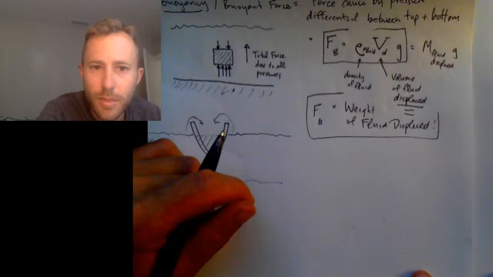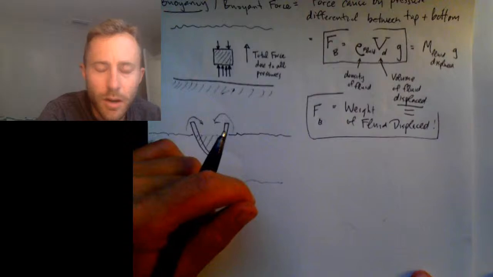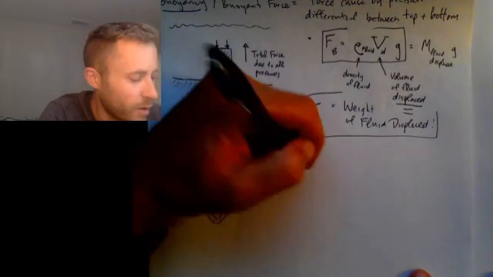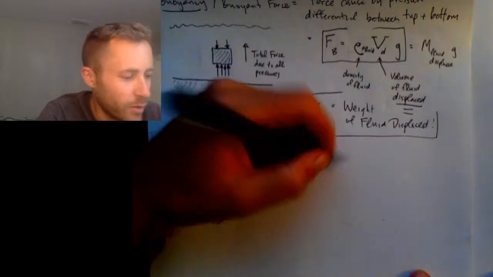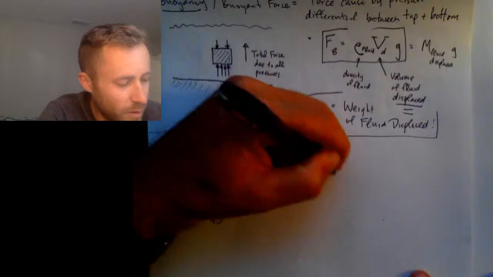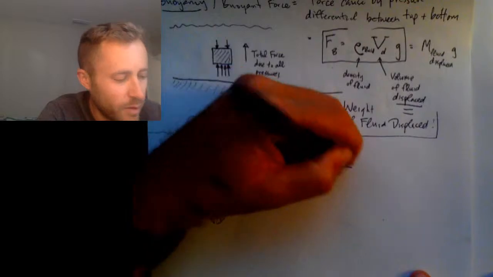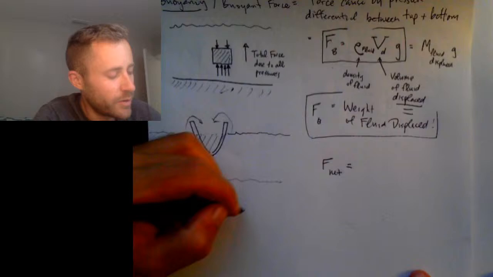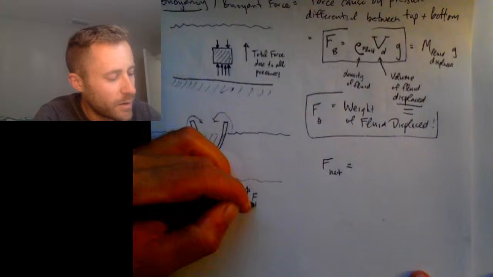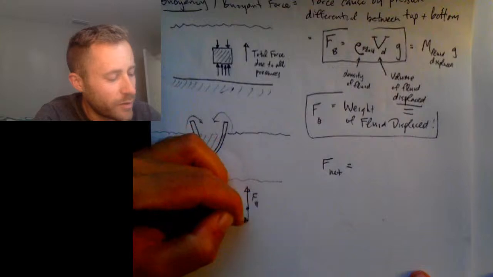Okay. So what is going to be the net force on an object that is in the water? Well, the net force on an object in the water, if we think about it, it has the buoyant force going upward, and then it has its own weight going downward.